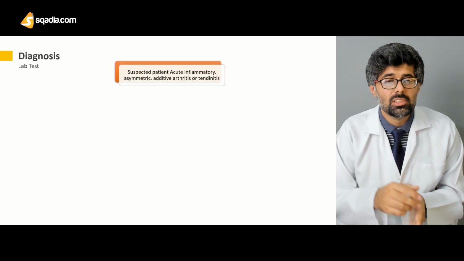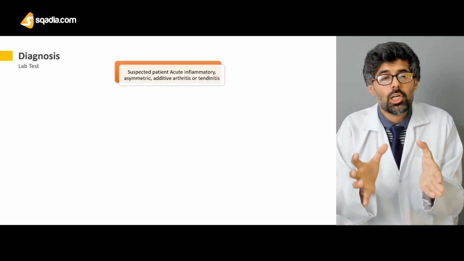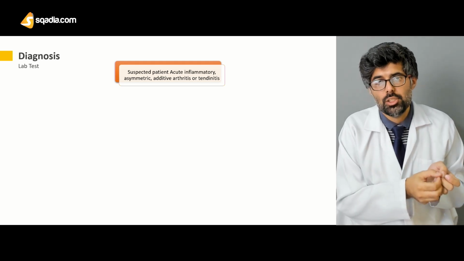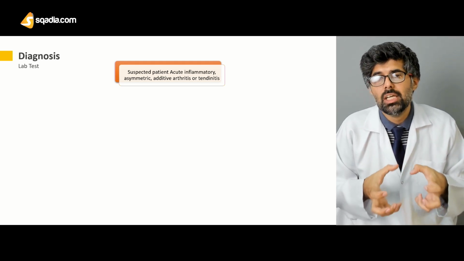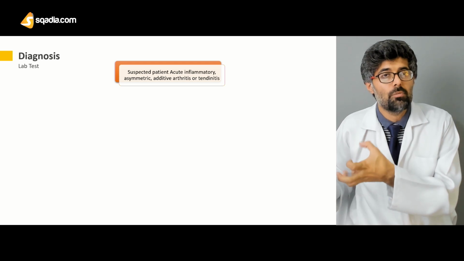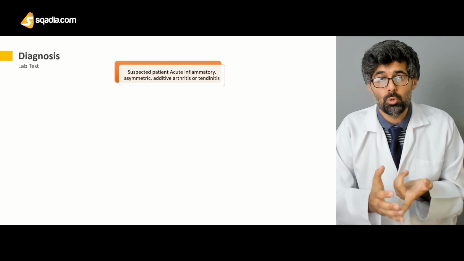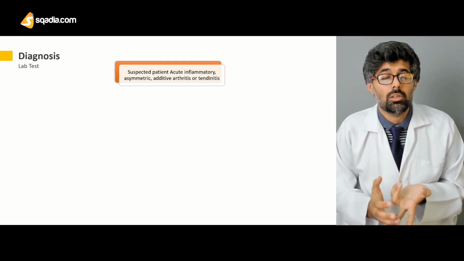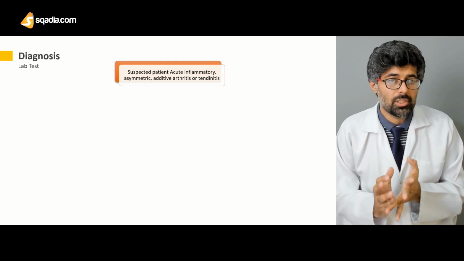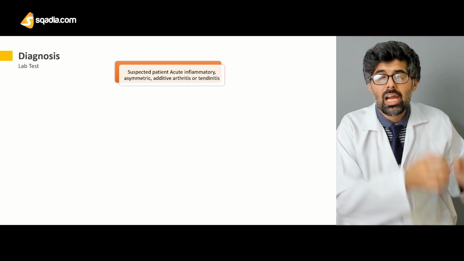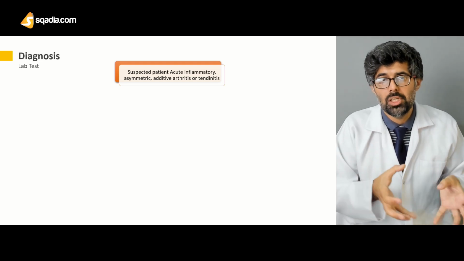Now, these tests usually come from a suspected patient. A suspected patient is when you have a patient which has the triad of conjunctivitis, urethritis, and arthritis, along with additive arthritis or tendinitis.